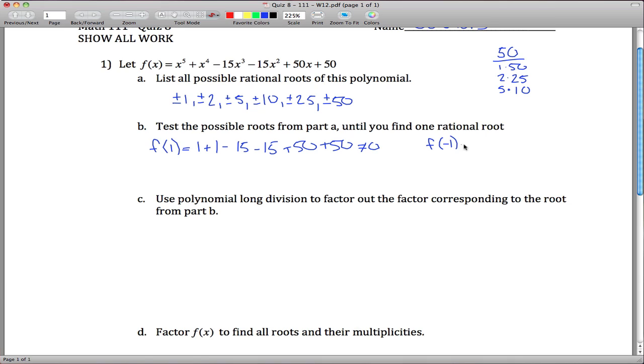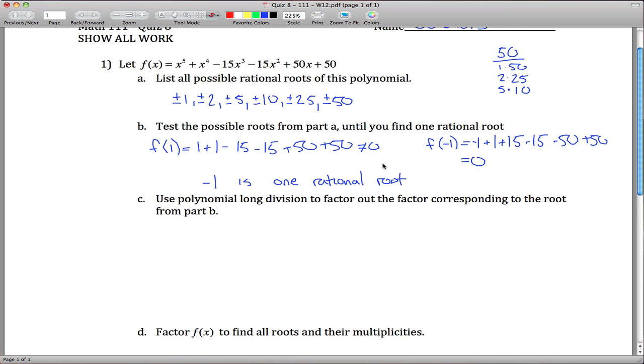However, f of negative 1 would be negative 1 to the 5th, which is negative 1, plus 1, minus 15 times minus 1 is plus 15, minus 15 times positive 1 is minus 15, 50 times negative 1 is negative 50, plus 50. And this does equal 0.